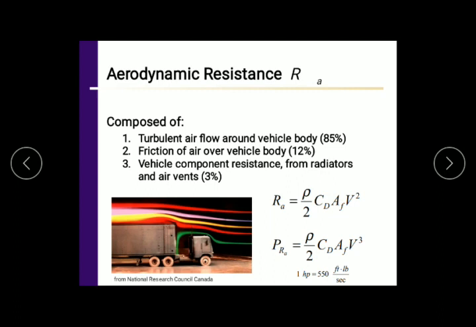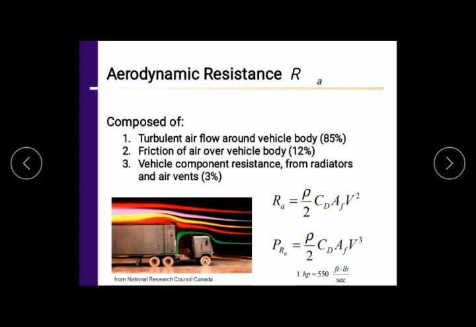You can calculate aerodynamic resistance by using this formula: Ra = rho/2 x CD x AF x V squared, where rho is the air density, CD is the aerodynamic coefficient, AF is the frontal area of the vehicle exposed to the air resistance, and V is the speed of the vehicle.